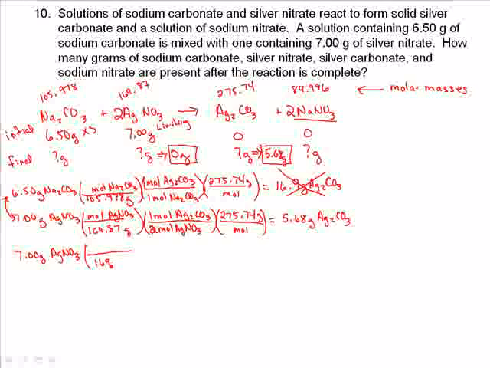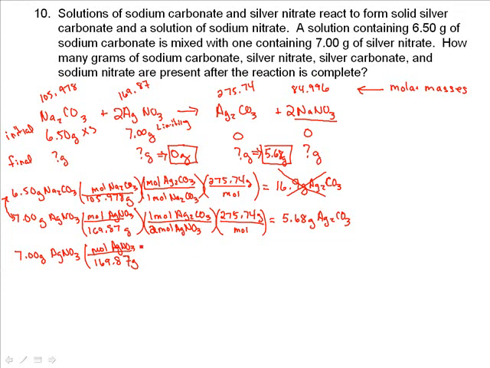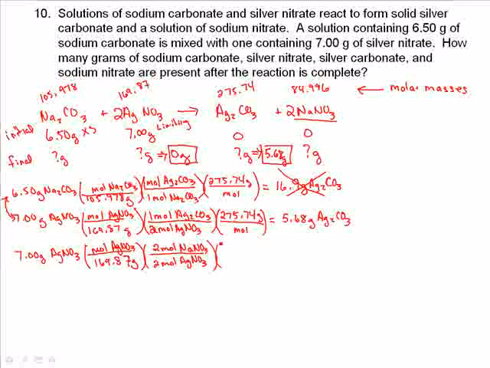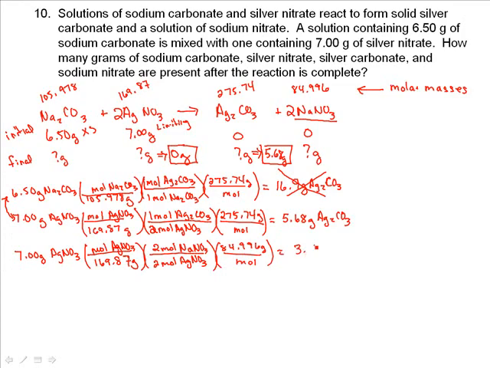Alright, 169.87 grams per mole of silver nitrate. For every 2 moles of silver nitrate, you have 2 moles of sodium nitrate, and sodium nitrate is 84.996 grams per mole, and that gives us 3.50 grams of sodium nitrate.